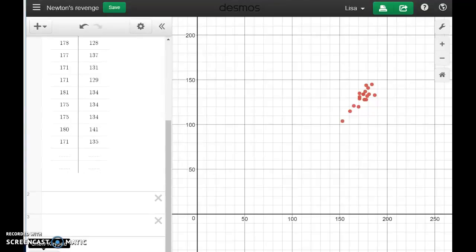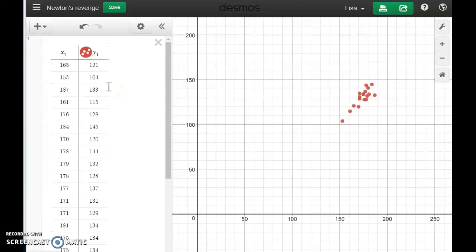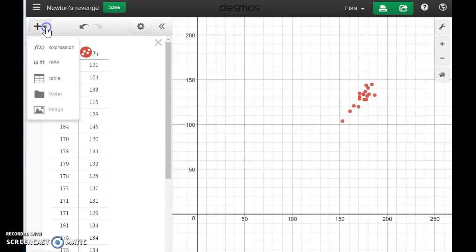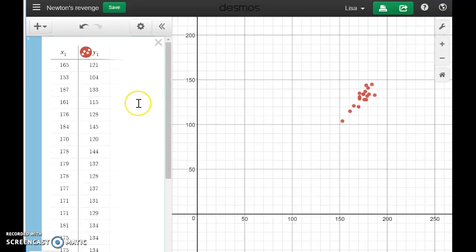Several of you, when you submitted your assignment from last week, used Desmos, a free online graphing calculator that is amazing and really user-friendly. So I started by clicking on this plus menu here. I was able to pop in a table and enter my data in here. And so here's the scatter plot that resulted.